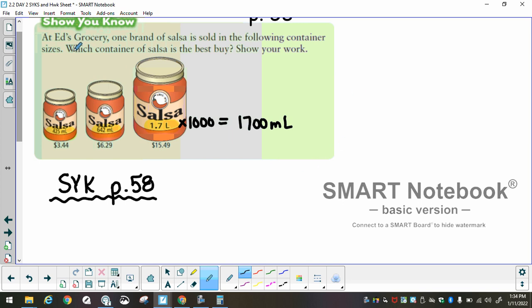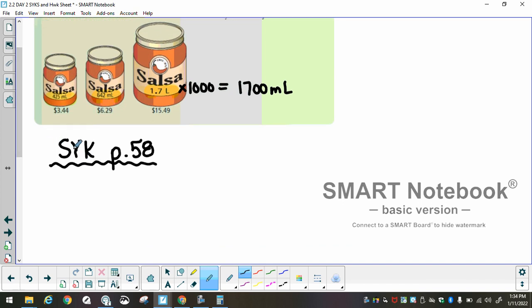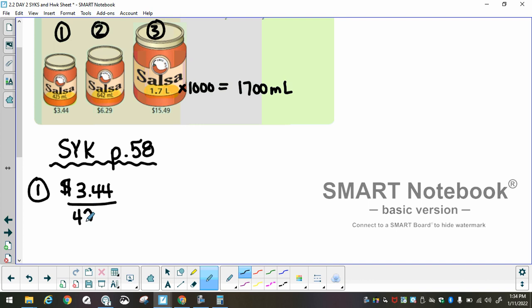Okay, so they're asking us which container is the best buy. So we need to find the unit price of each. Container 1, 2, 3. For container 1, it's dollars over stuff, so $3.44 for 425 milliliters.